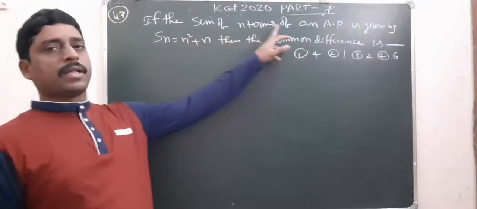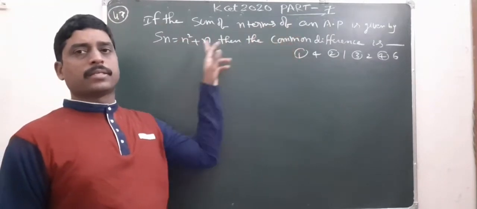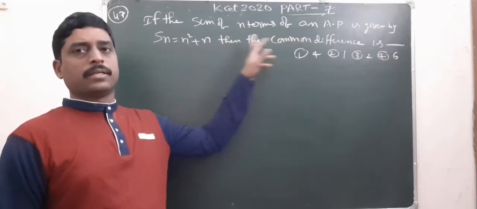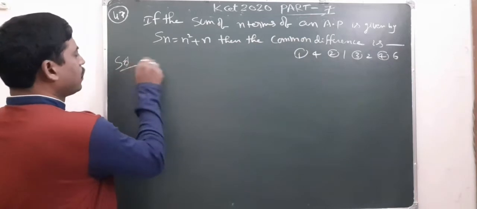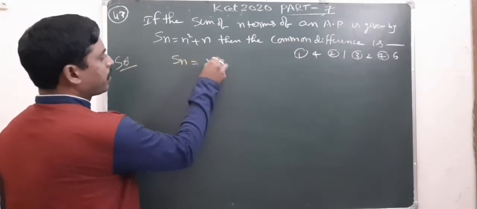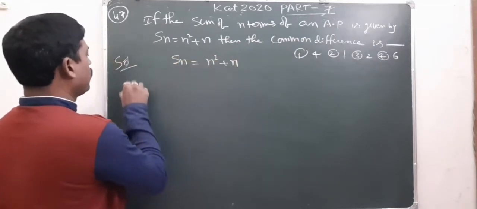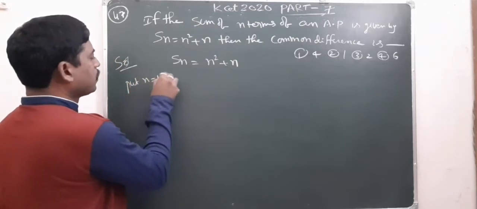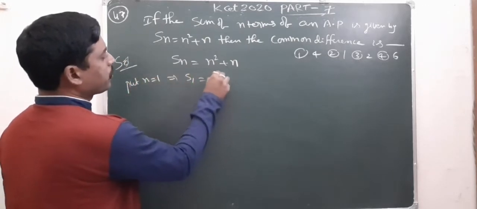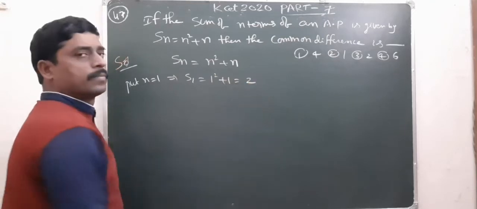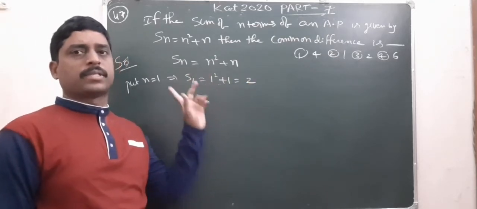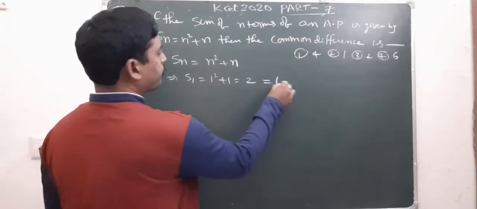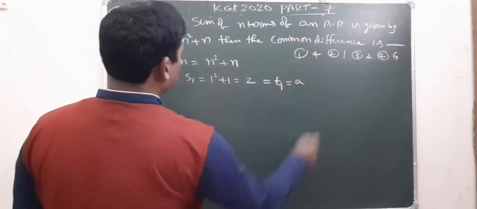Let us see question number 47. If the sum of n terms of an AP is Sn is equal to n square plus n, then find out the common difference. So what is given? Sn is equal to n square plus n. Put n is equal to 1. S1 is equal to 1 square plus 1 is equal to 2. So S1 is nothing but the first term, T1, is equal to small a also.